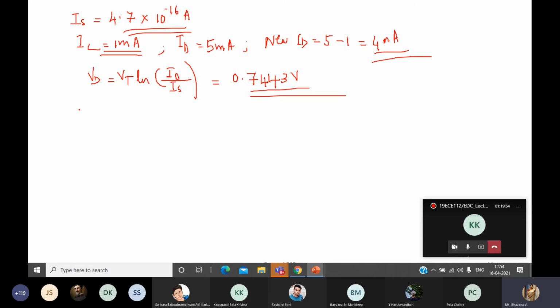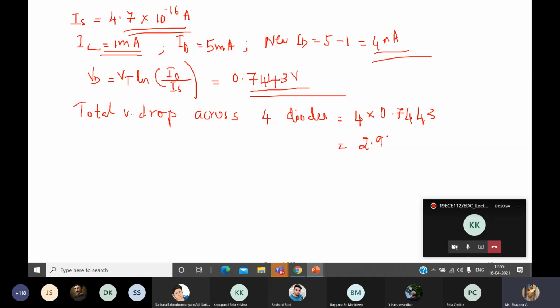How many diodes do we have in total? 4. So total voltage drop across 4 diodes is equal to 4 into 0.7443, which is equal to 2.977 volt.